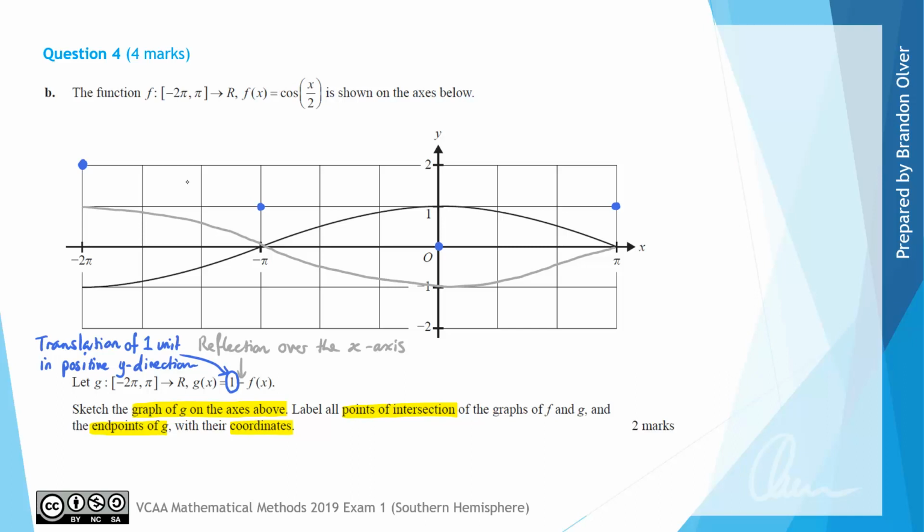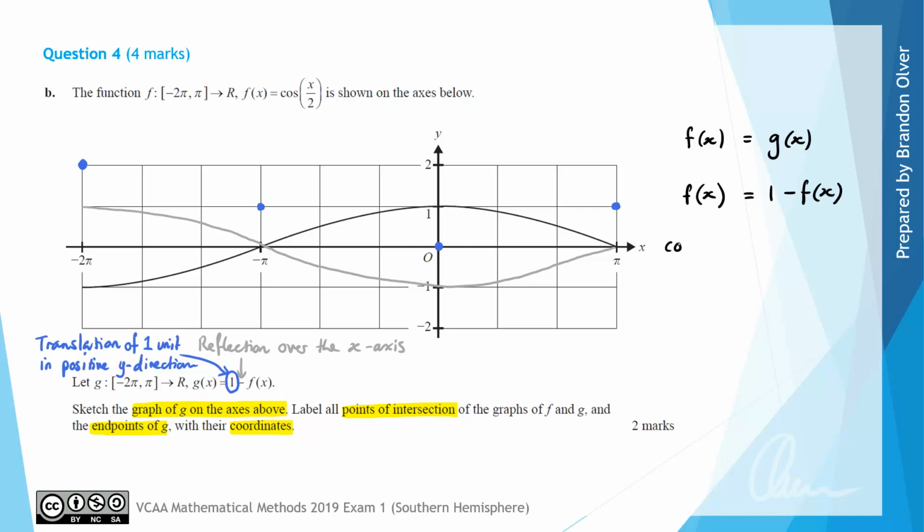And now before we sketch this graph, to make sure that it's accurate, we can actually think back to what the question was in part A and how that applies to this graph. Because the points of intersection between these two graphs is going to be equivalent to solving f of x equals g of x, which is 1 minus f of x.